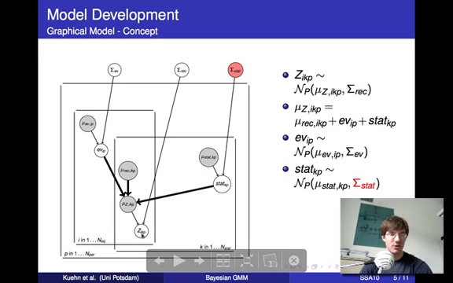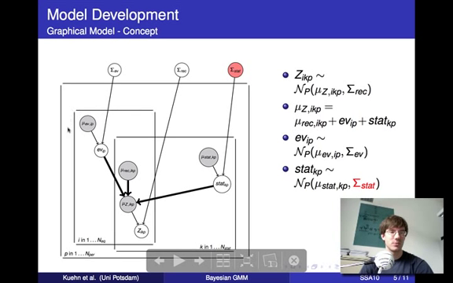We have these white nodes here, which are stochastic nodes, and they are associated with a distribution. And we have these gray nodes, which are functional nodes, which means they are functions of other parameters or other quantities. Then we have these rectangular structures here, which are repetitive structures, basically loops.